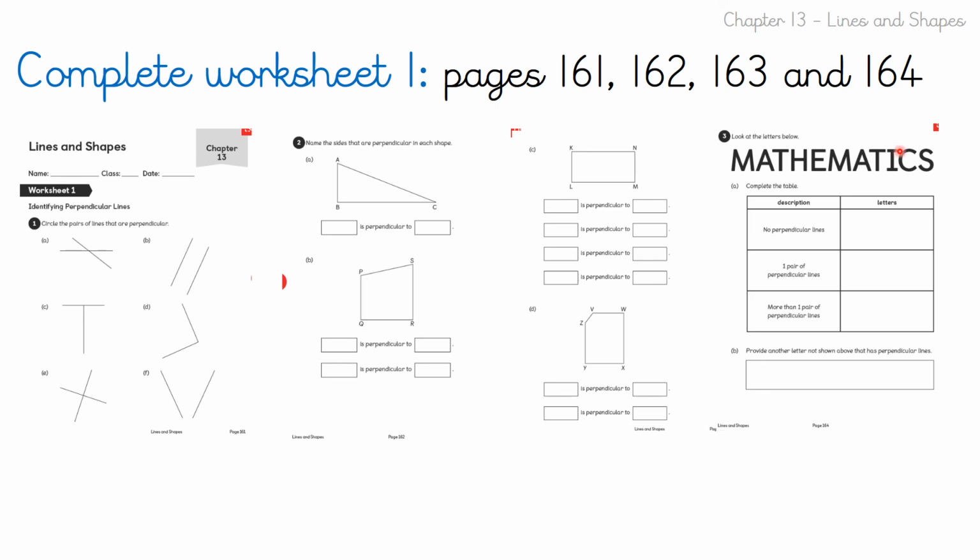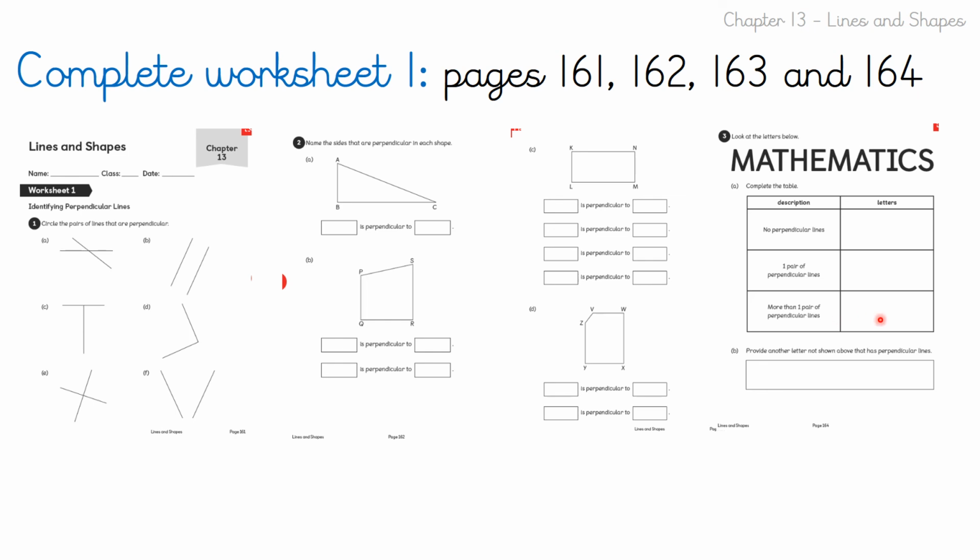To finish our work, we're going to be looking at another word today, and you need to fill in the grid and say letter O has no perpendicular lines, or letter something has one pair of perpendicular lines, and letters something have more than one pair of perpendicular lines.